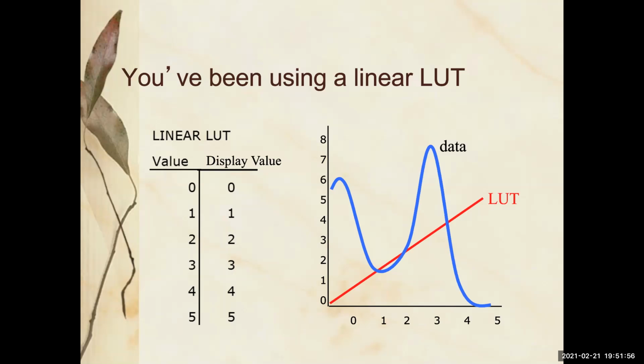Only, this is where it gets confusing, this is the gray level you're going to display it as. So on the X axis, it's the original gray level. On the Y axis, it's the one that you're going to display it as on the computer or on the phone.